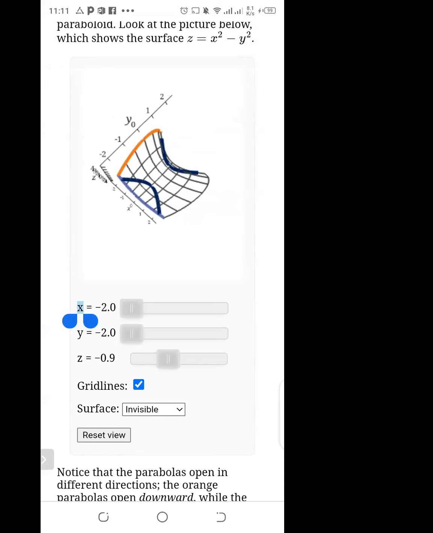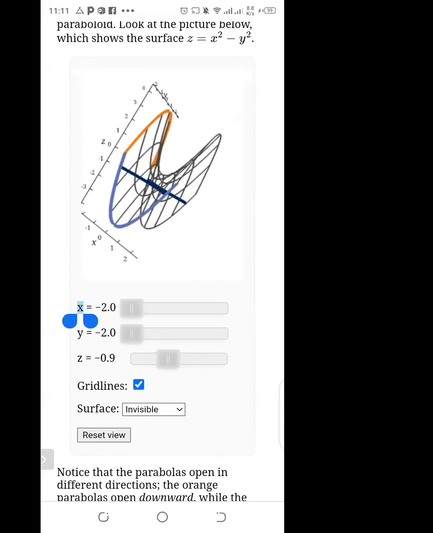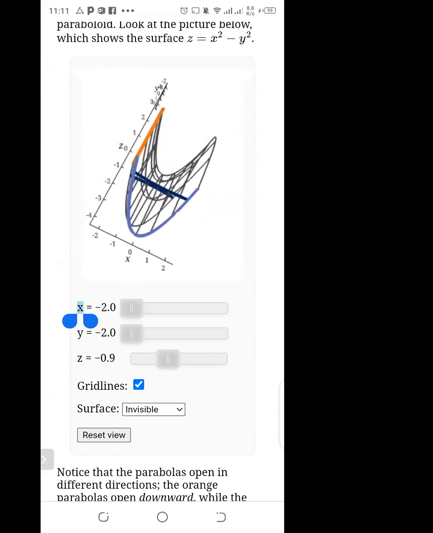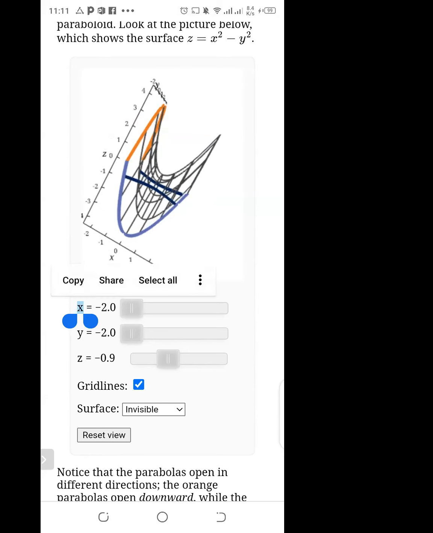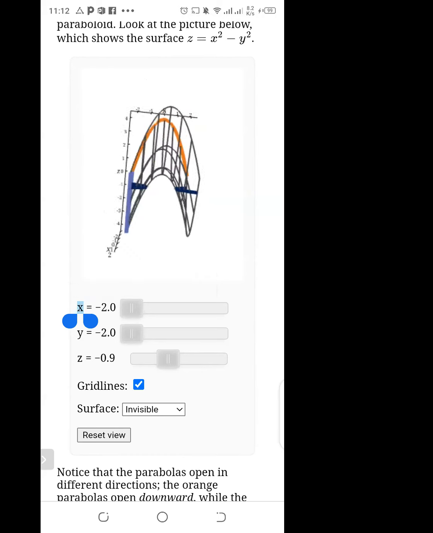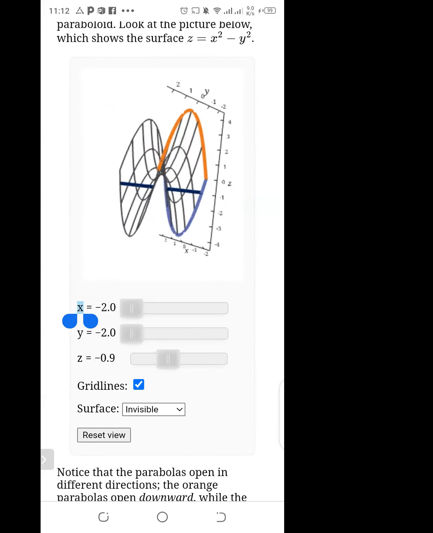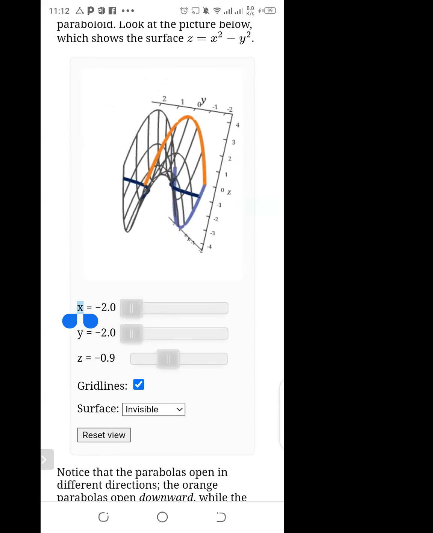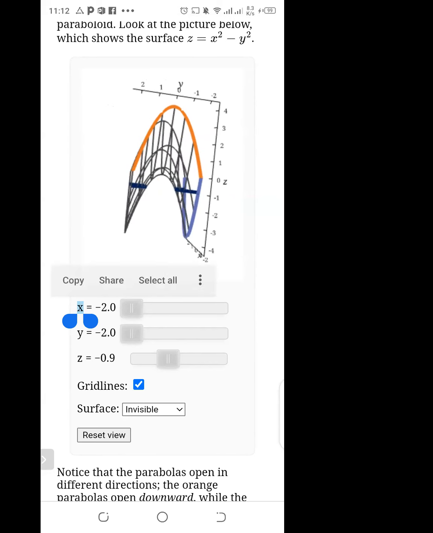Is this what you wanted? So this is the side. I don't know which view you're asking for.